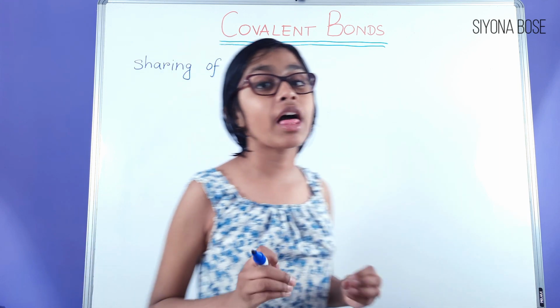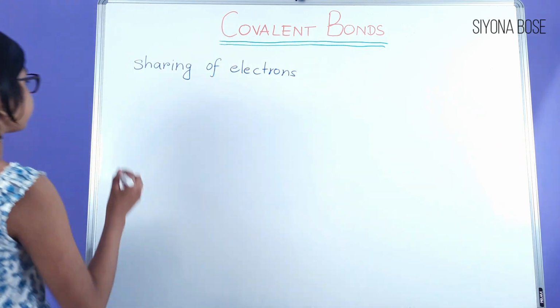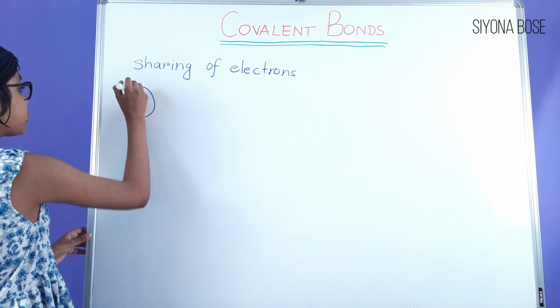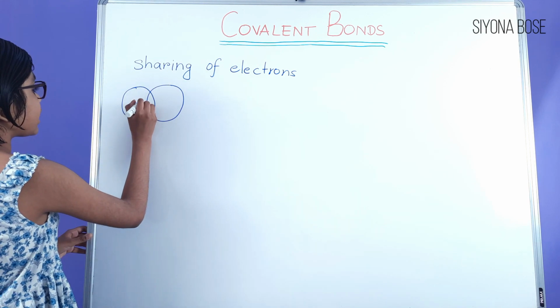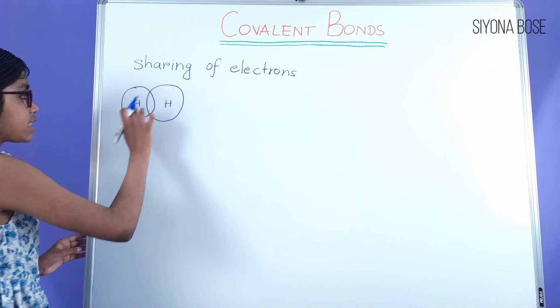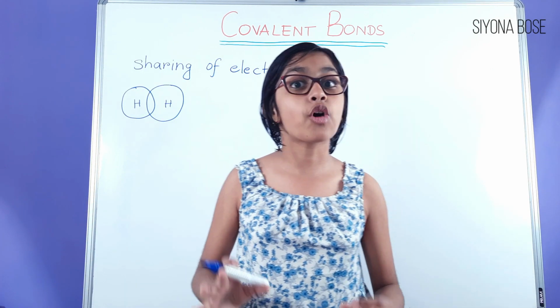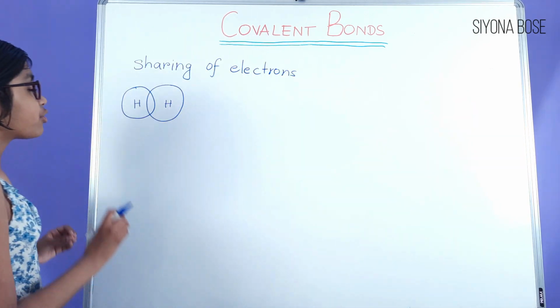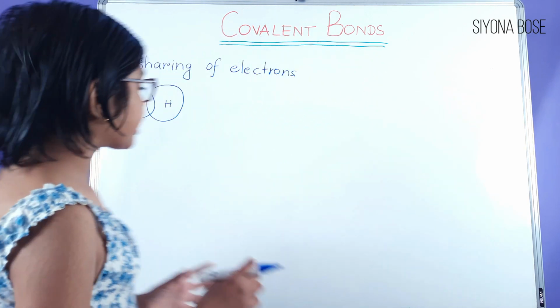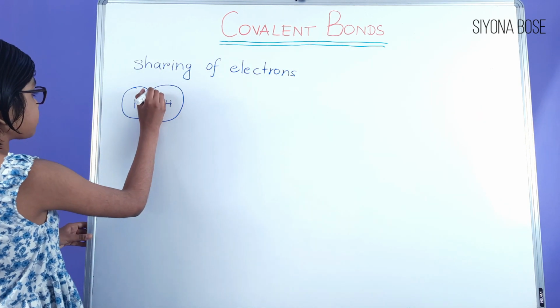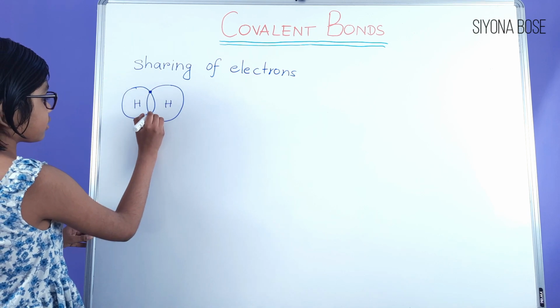Firstly, very simple, H2. Here I'm writing H, but it's actually the nucleus, and there is only one shell. Now, to fulfill the valencies of both of those hydrogen atoms, we share electrons, and it will be like this.